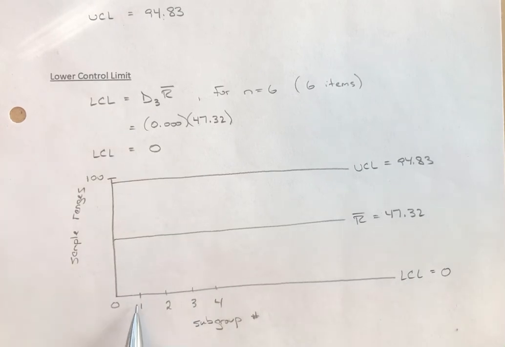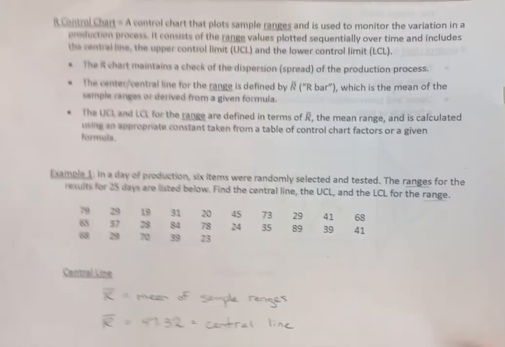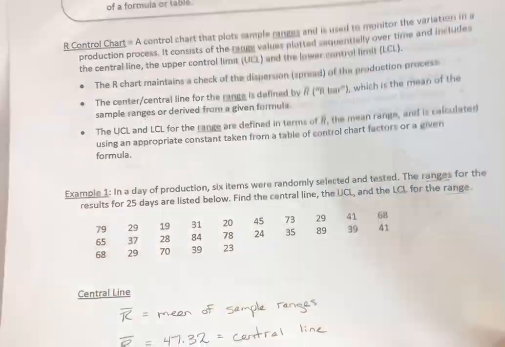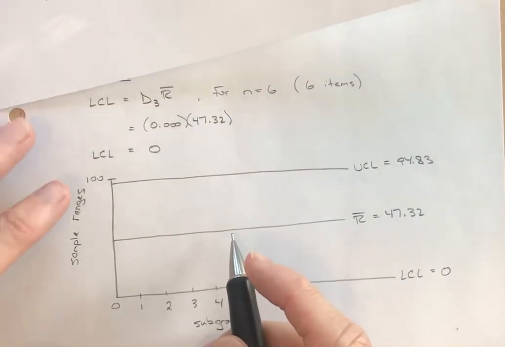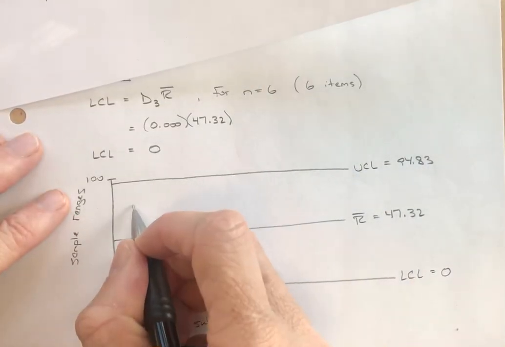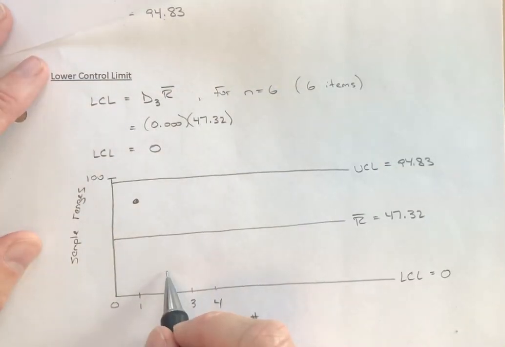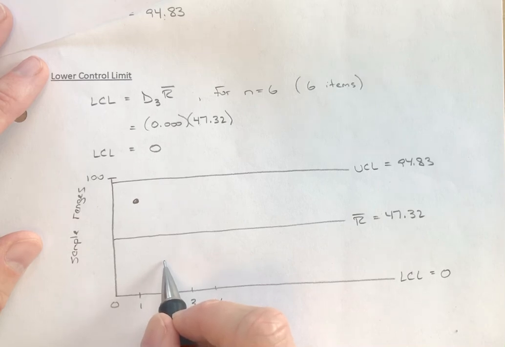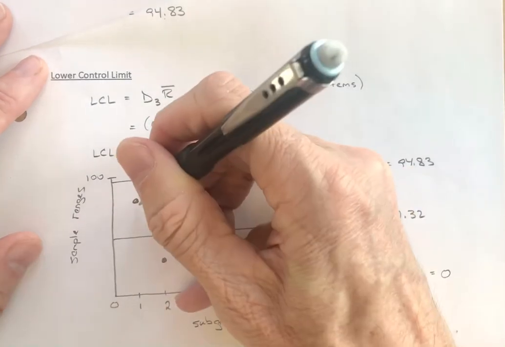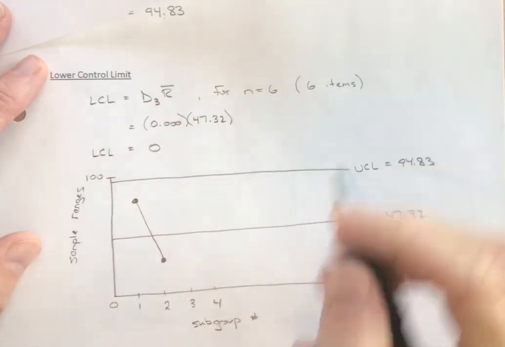Now notice subgroup number 1 was a 79. Again, I'm approximating. We'll put that point here. Number 2 was 29. So 29 is probably a little more than halfway up, approximately here. So we'll go like this.